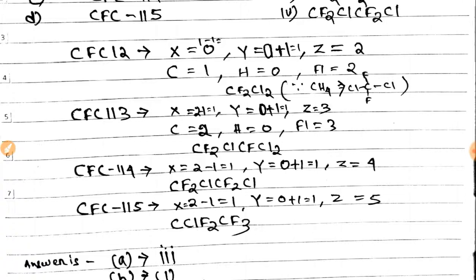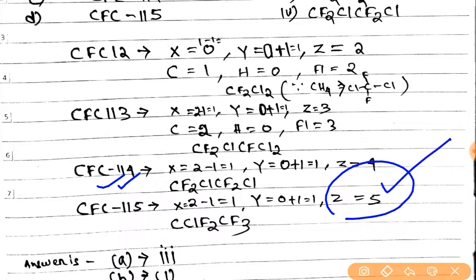And the next is CFC 115. CFC 115 is what? The first 1 means 2 minus 1, so the carbon number is equal to 2. Then 1 for the value of hydrogen is 0 plus 1, so hydrogen is 0, and the Z value is 5, that is the fluorine atoms. So here we have 3 fluorines and 2 more fluorines, so it is equal to 5.